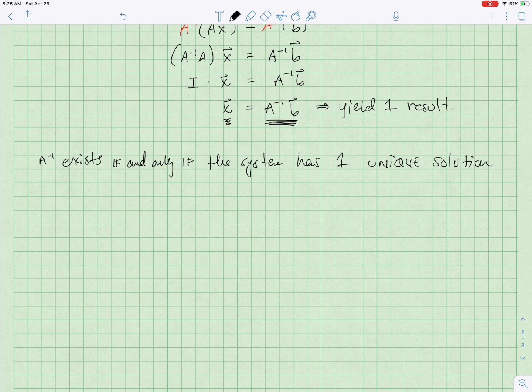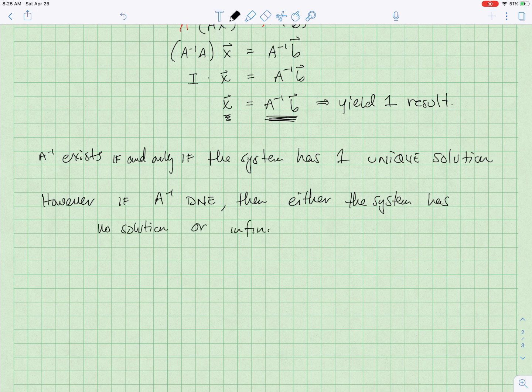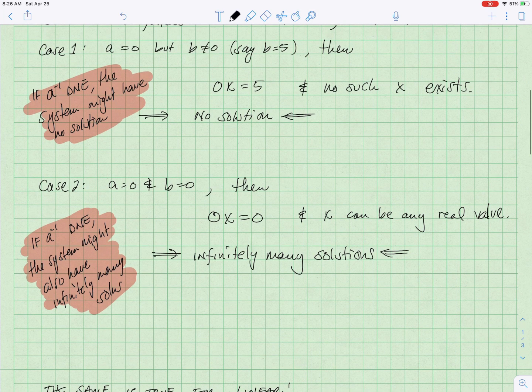Now, this is a little bit different. A doesn't have to be 0 here, but if A inverse does not exist, then either the system has no solution or infinitely many solutions, in terms of mirroring our algebra up above.